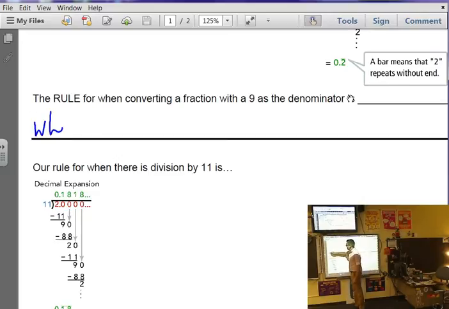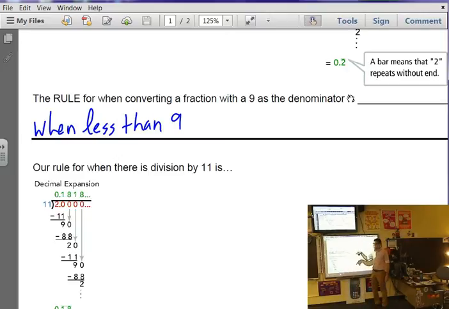I'm going to start with the specifics: when less than 9, because if the numerator was like 10 or 11 or 12, that wouldn't work. But when less than 9, the numerator repeats.